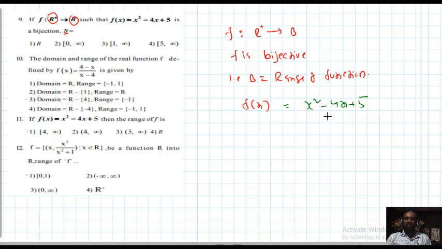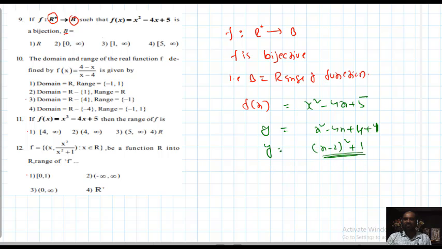Already you know the quadratic expressions concept, how to find its minimum or maximum. Use the b square by 4a formula, or directly try to make the given quadratic into a perfect square, then you get a correct idea about that quadratic. y equals x square minus 4x plus 4 plus 1, so y equals x minus 2 whole square plus 1.